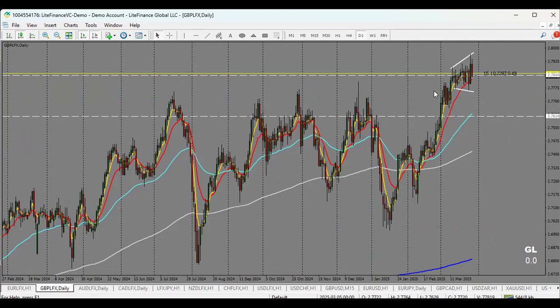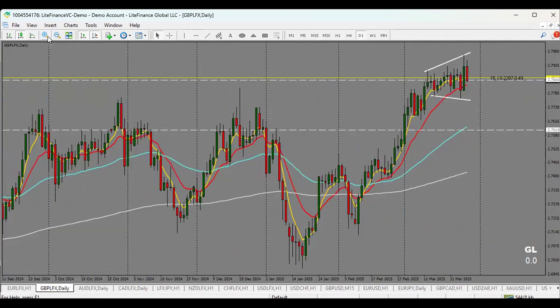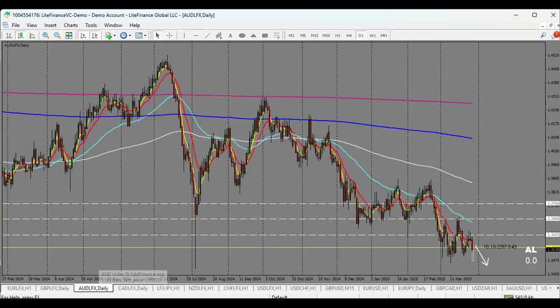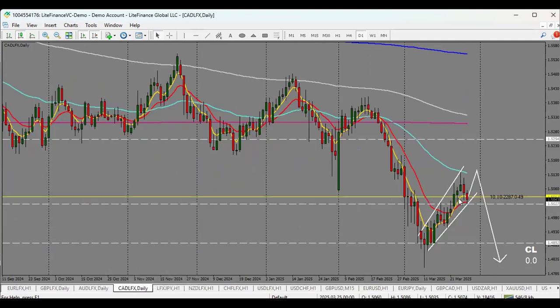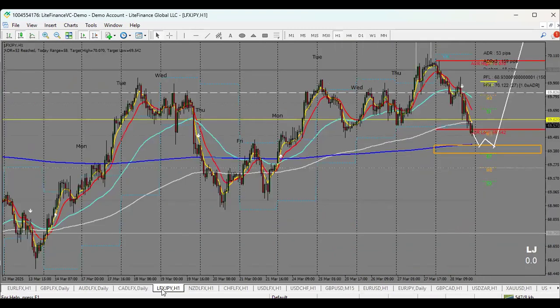And this is GBP, and you can simply see the consolidation that is occurring here. So we still have a consolidation. This is the daily time frame. And this is the AUD index. I'm simply looking at AUD to sell. I'm looking for a candle to complete this retracement and then sell.